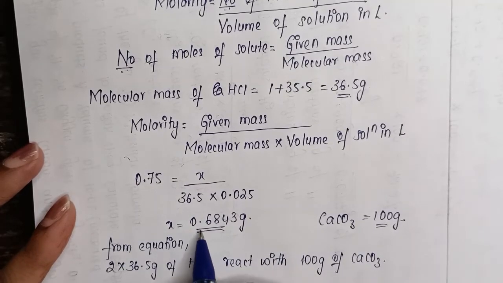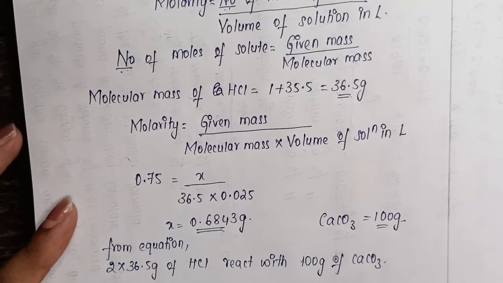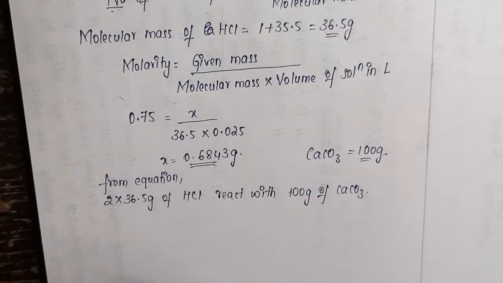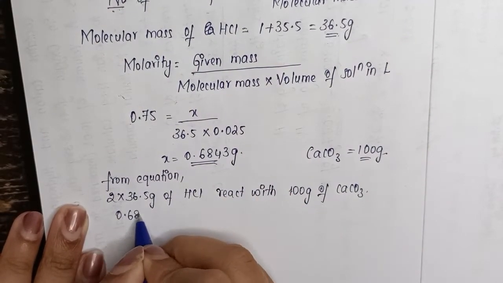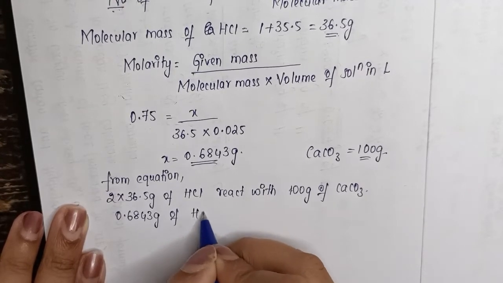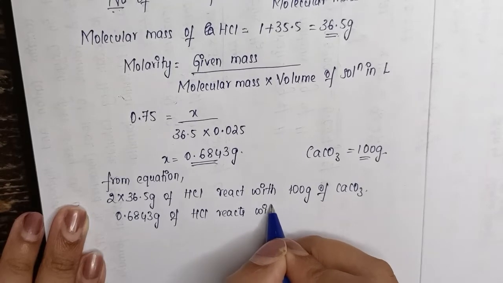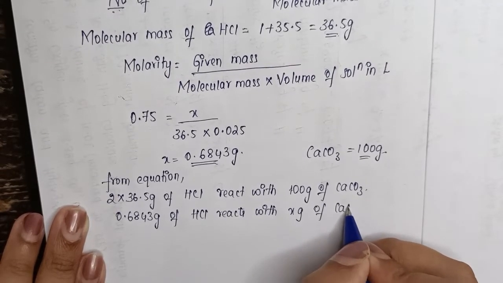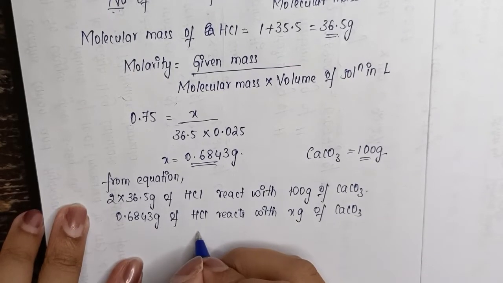Therefore, this much of HCl will react with how much calcium carbonate? That's what we're going to write. So here, 0.6843 grams of HCl reacts with X grams of calcium carbonate. We need to find out what that X grams is. So we just cross multiply.